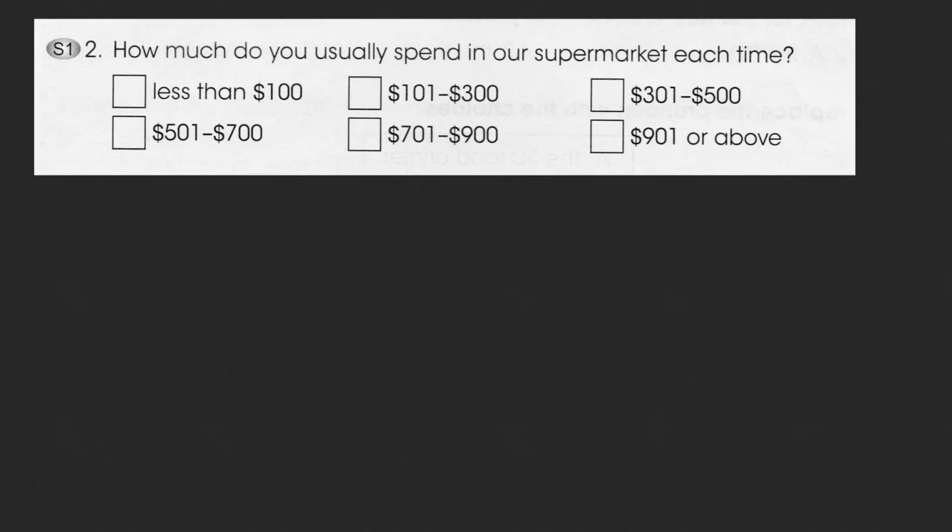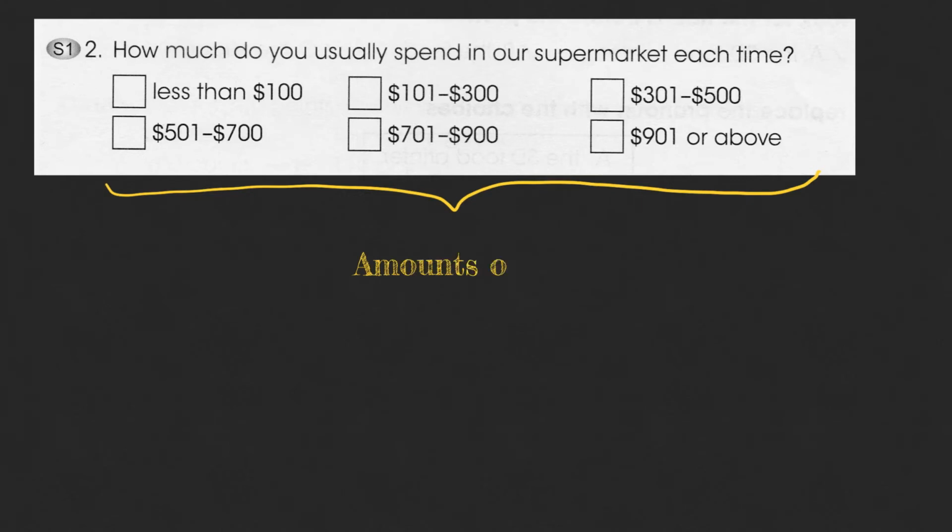Look at question 2. How much do you usually spend in our supermarket each time? Again, read each of the options. This time, you see different amounts of money, so you predict that you will hear information with numbers.